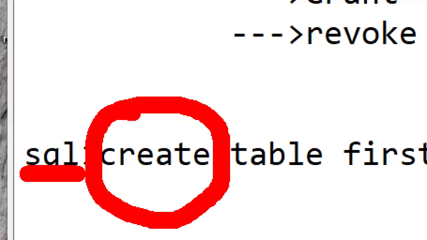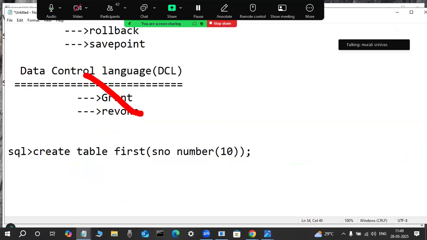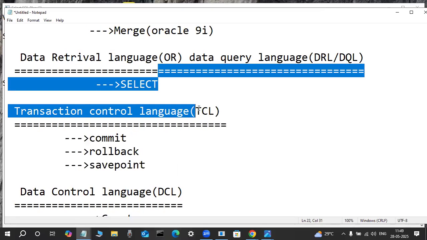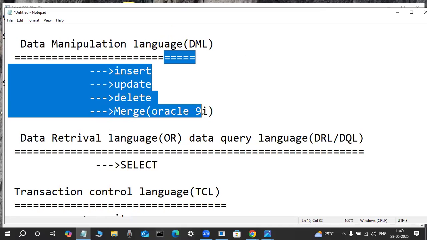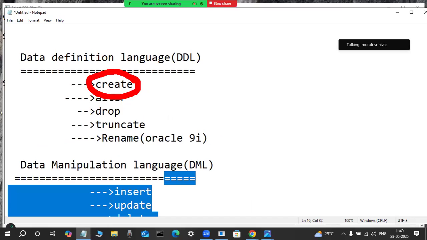Now this create command is available under which sub language? Check it out. Under DCL, is this available? No. Under TCL, no. Under DQL, no. Under DML, no. But under DDL only this command is there. Create command is available there. That's why, what is the rule?